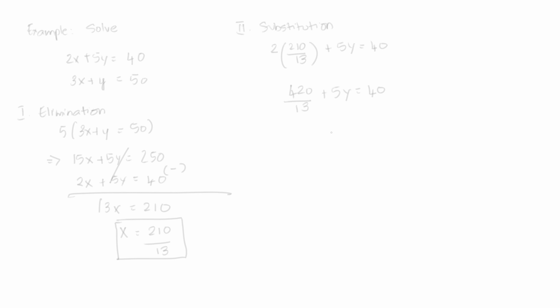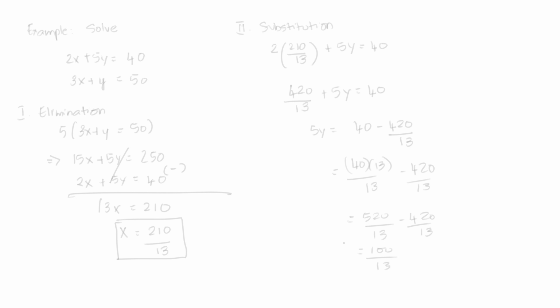So 5y would be equal to 40 minus 420 over 13. I'd like to have a common denominator, so multiply and divide by 13. So 40 times 13 over 13 minus 420 over 13. 40 times 13 is 520 over 13 minus 420 over 13, which would just give us 100 over 13.